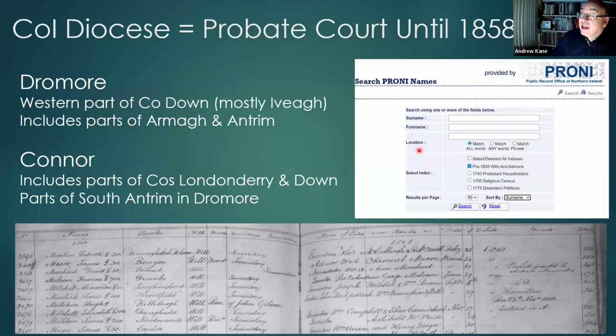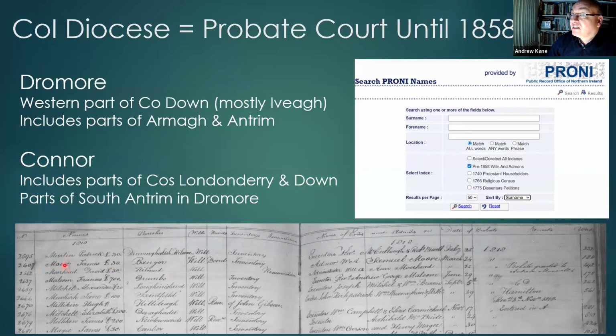It's always worth looking. On top of that, I don't know whether this is available on any of the other paid websites, but on Find My Past, which you can access in PRONI, they have a lot of the detailed indexes.